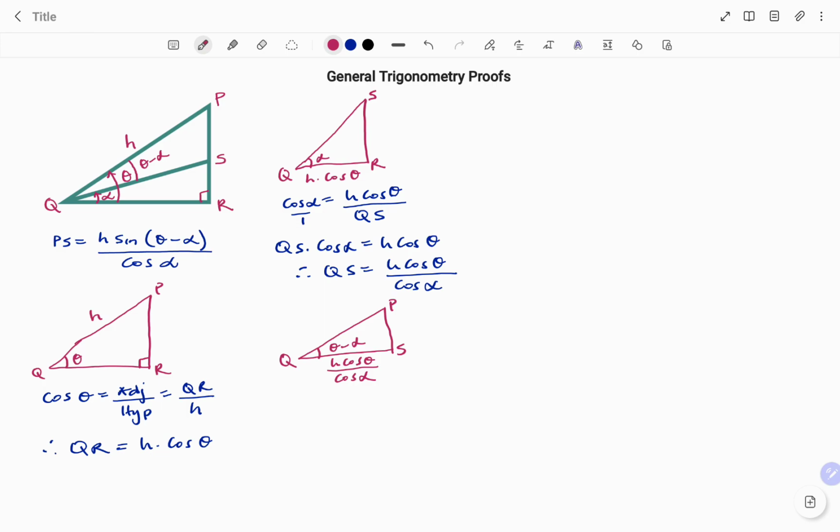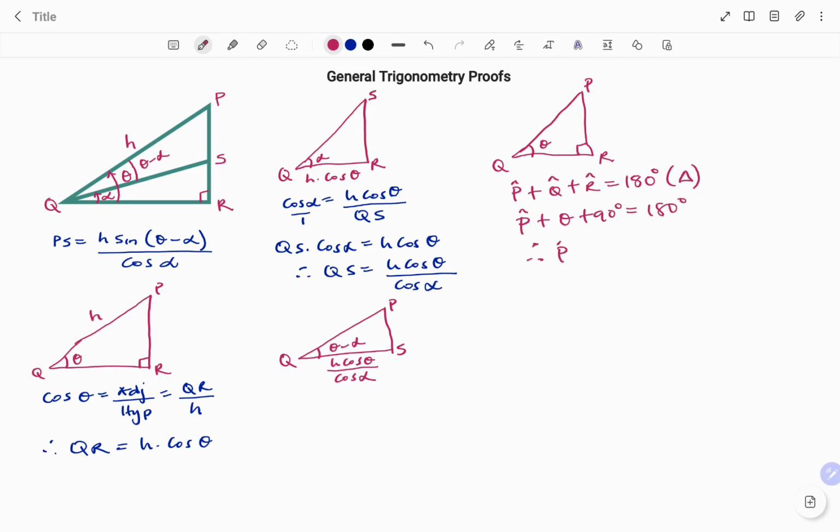Also, note that to find the angle at P, if I have a rough sketch of the diagram, as shown, this is my 90 degree, that's the angle at R. I know that Q has been given as theta. To find the angle at P, I have angle at P plus Q plus angle R equals to what? 180 degrees. The reason being the sum of angles in a triangle. Therefore, angle P plus theta plus 90 equals to 180 degrees.